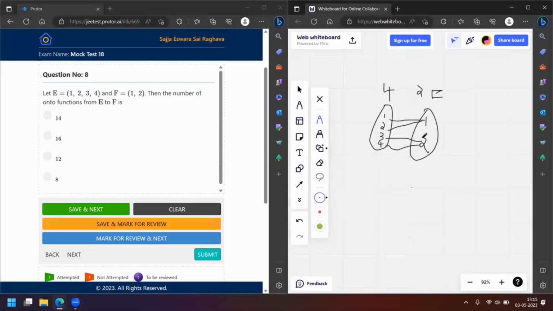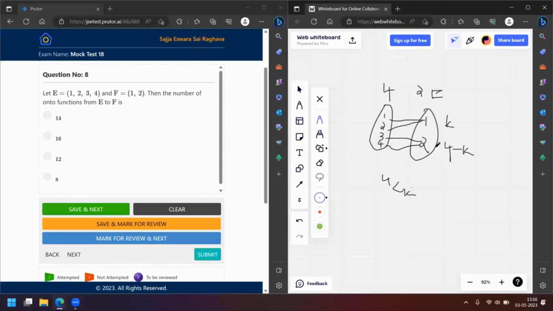Let us assume that one is mapped with k, where k is greater than or equal to 1. Then two should be mapped with 4 minus k, since the total number of mappings should be 4. For this k, we get 4Ck, where we are choosing points 1, 2, 3, 4 to assign to the value 1.